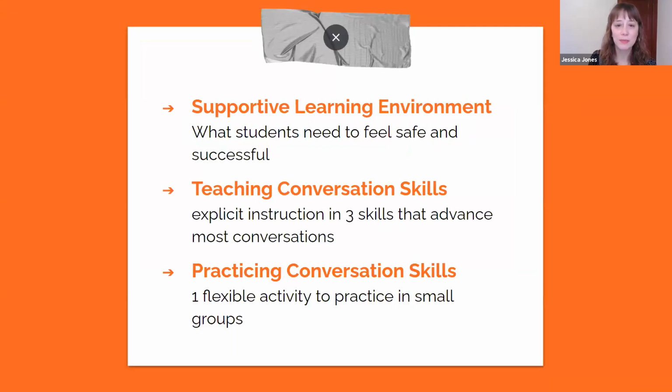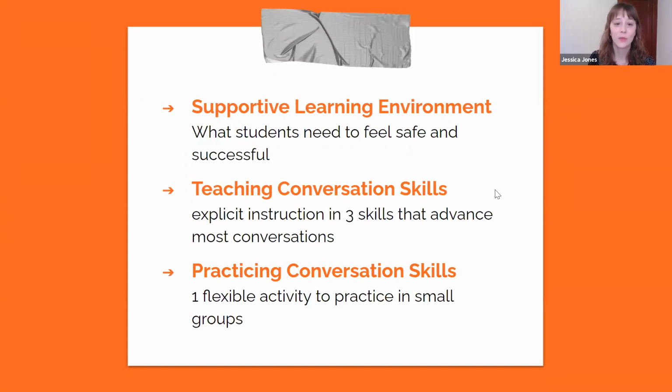So here's what we're up to today. We're going to talk a little bit about how to create a supportive learning environment, or why supportive learning environments are important for this kind of meaningful conversation work. Then we're going to focus in on three skills that we think, from our experience, have helped students have better and more meaningful interactions with each other in classroom conversation.